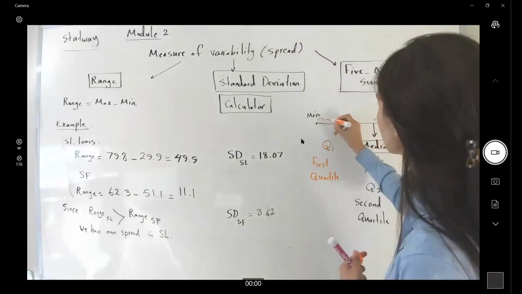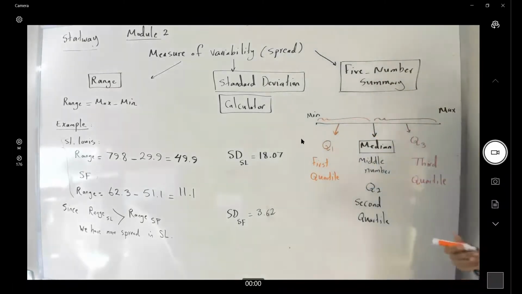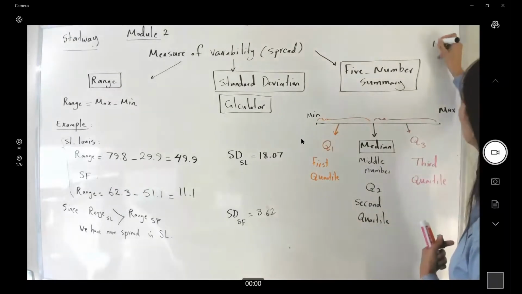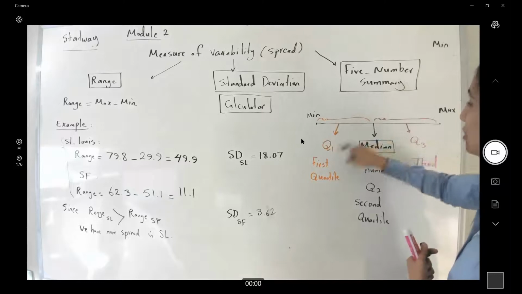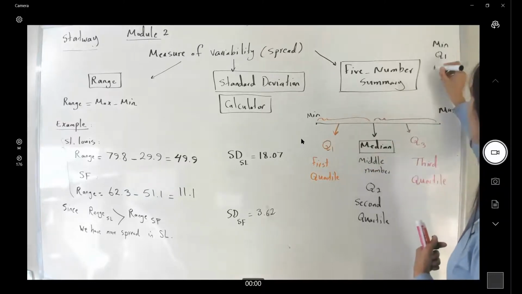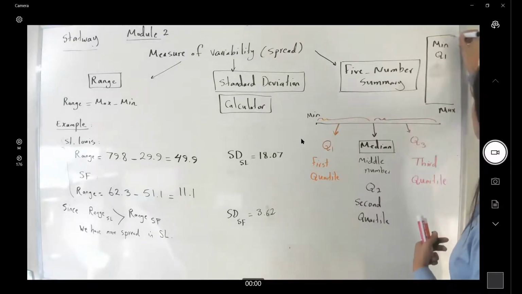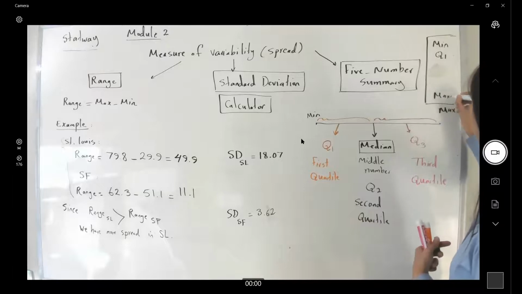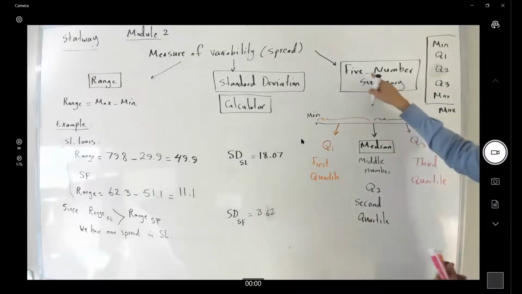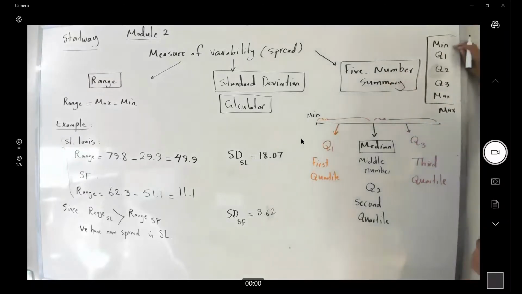So what is the 5-number summary? The 5-number summary includes the minimum, Q1, Q sub 2, Q sub 3, and the maximum. It includes minimum, maximum, and all of the quartiles that you have.